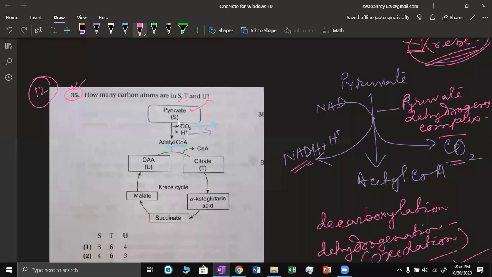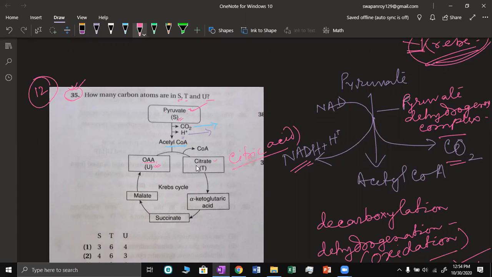S indicates pyruvate. Next, within the Krebs cycle, the compound oxaloacetic acid is indicated by U, and citrate, that is citric acid, is T. This Krebs cycle is also known as the citric acid cycle.